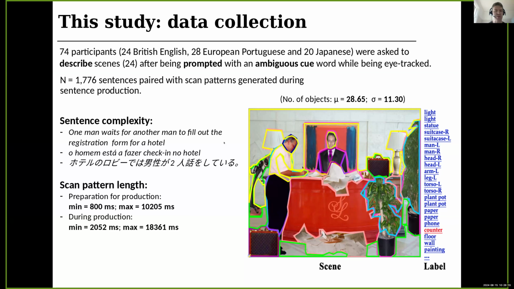And that ranged between 800 milliseconds and 10 seconds. And then we have a production phase that ranged between 2 seconds and 18 seconds. What I'll show now is for the production phase, but as I've said previously, it holds for other phases, for the preparation phase, for example, as well.